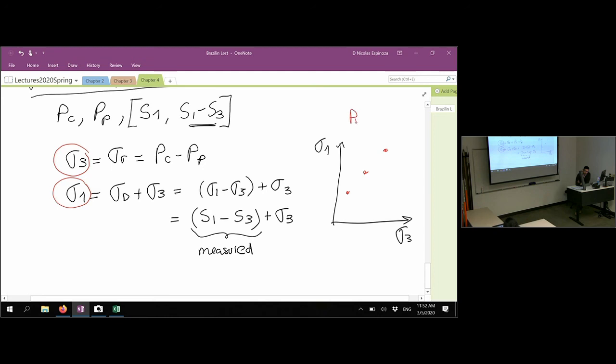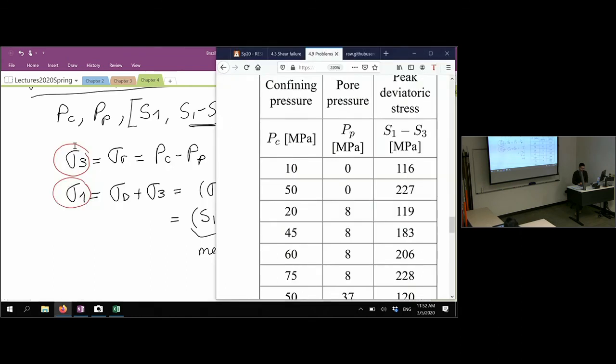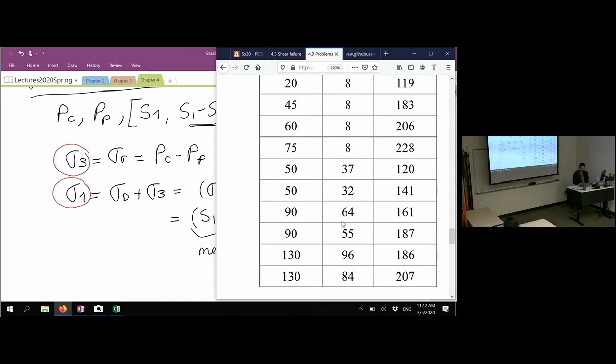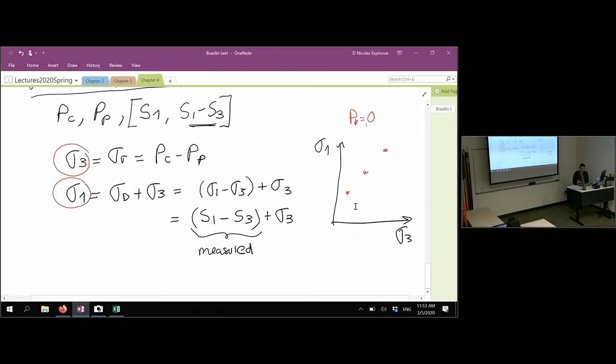Let's say that the red points are for pore pressure equal to 0. If you do this correctly, you will see that, let's see what is the next point. So we have 0, 8, and some other values. So let's say that for 8, you have something over here.